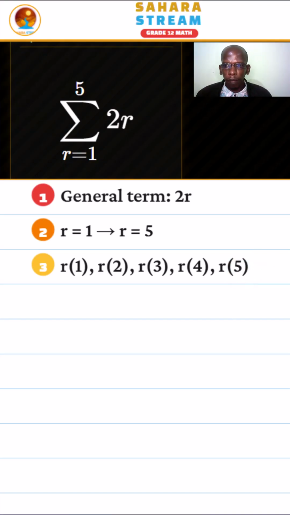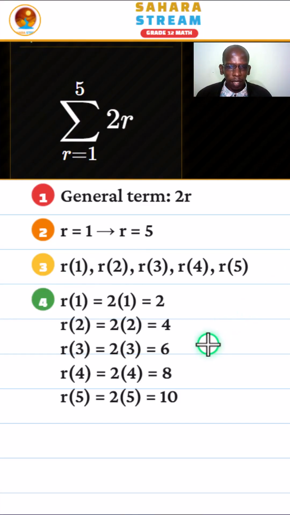And then from there, we can get the term in each position by simply taking the position of the term and replacing it in our general term, which was 2r. So here we have r, which is the position of each of the terms. Now we will be replacing the position. So we have 2, which is this 2 here.